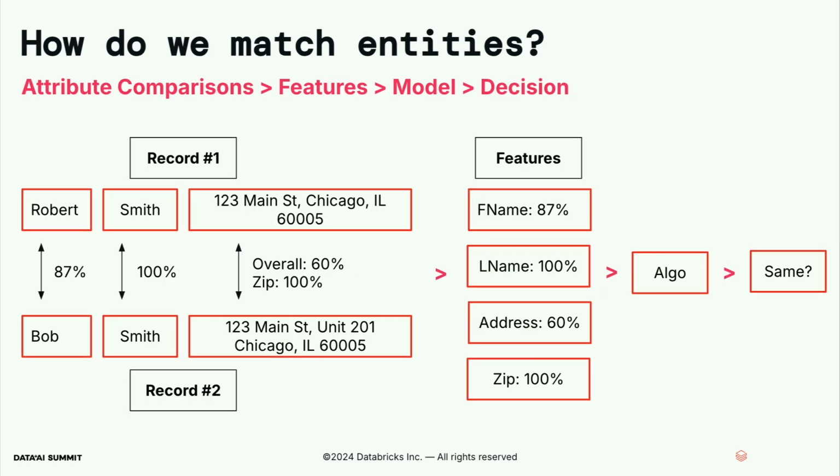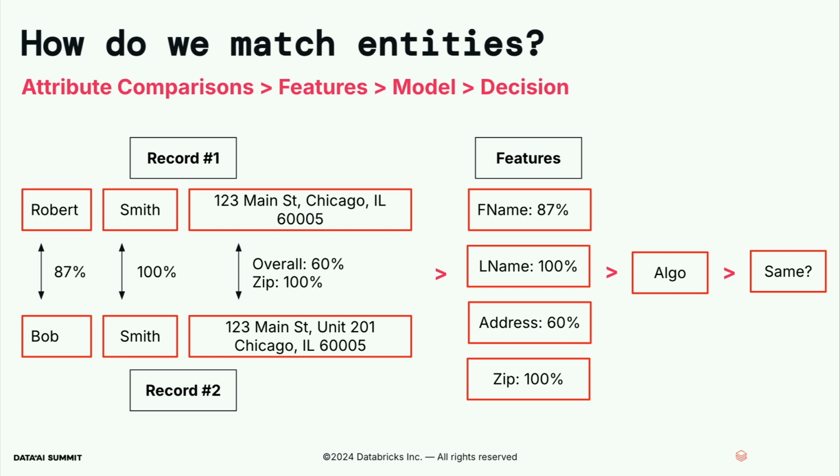We'll start with a relatively simple example. We have records of two people. Hopefully, they are the same person. But these records have attributes. So we have the first name, last name, address. Matching names is common. Historically, this has been done with Soundex or other phonetic algorithms, with string distance techniques like RapidFuzz, Levenshtein, which is built into Spark.